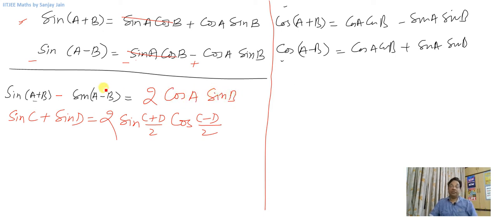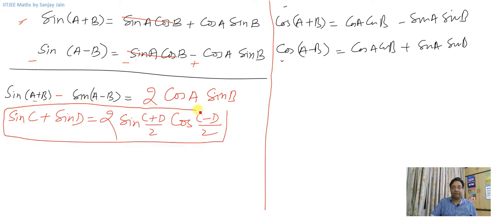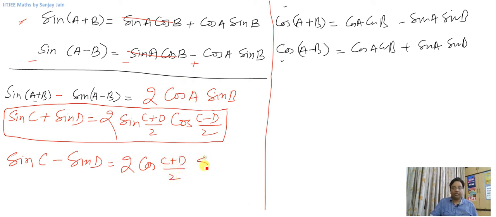And like while deriving this last expression, we replaced a plus b with c and a minus b with d. So let me do it here also. So sine C minus sine D will be equal to 2 cos, I'll replace A with C plus D by 2, 2 cos C plus D by 2, and then sine C minus D by 2.